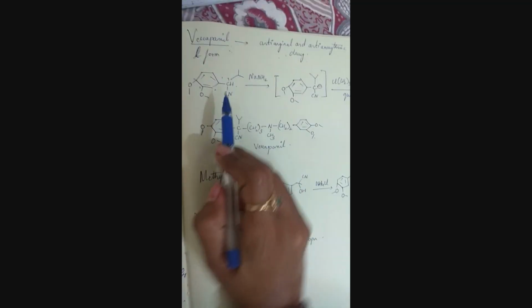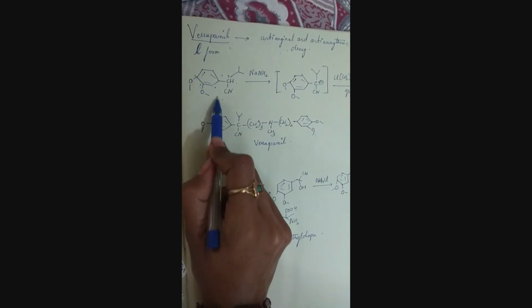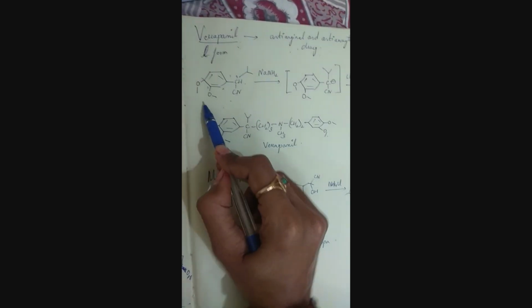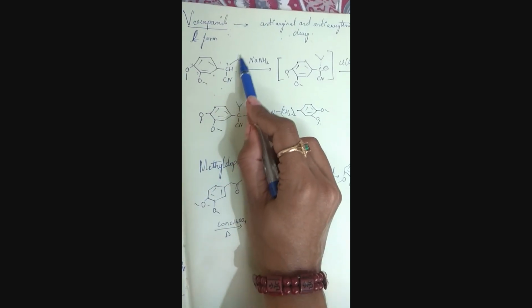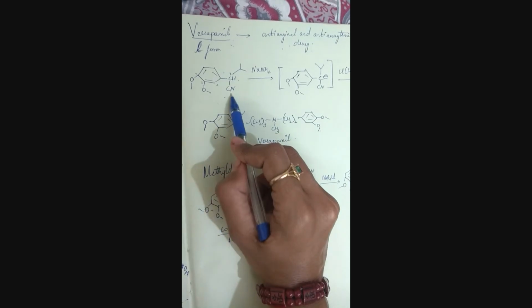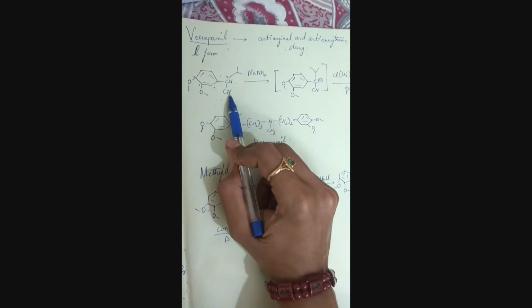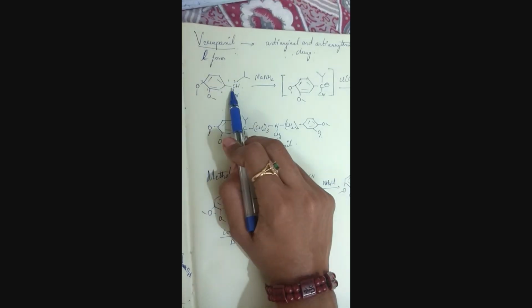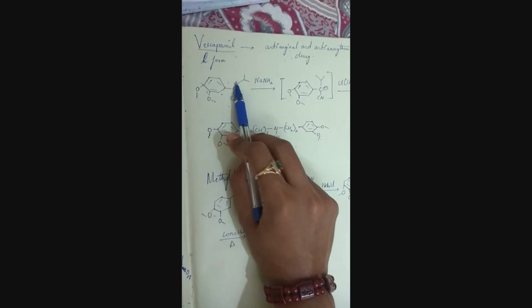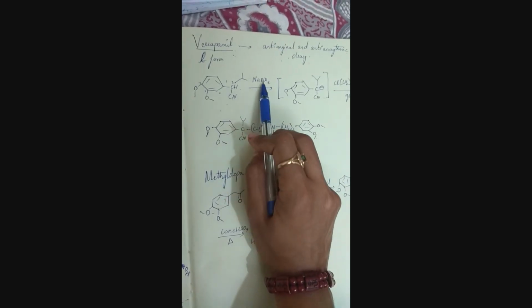We use this starting material in which at the third and fourth position there is a dimethoxy group present. At this position there is an isopropyl group attached to a CH, and it is attached to a nitrile group, C triple bond N. This starting material is treated with a strong base, an alkyl base.